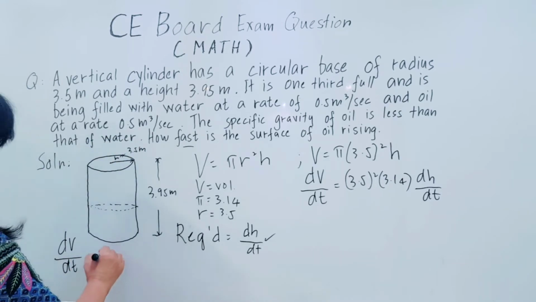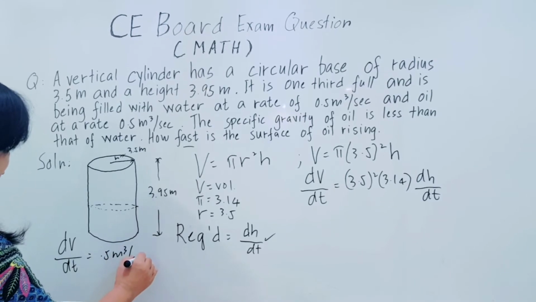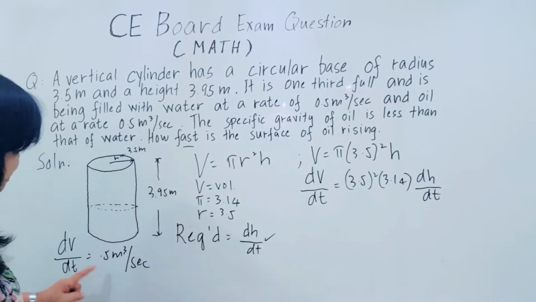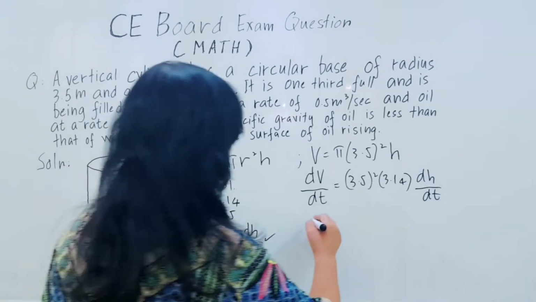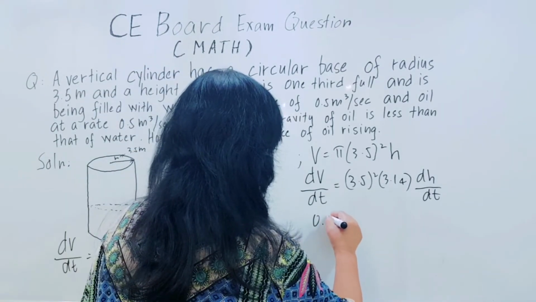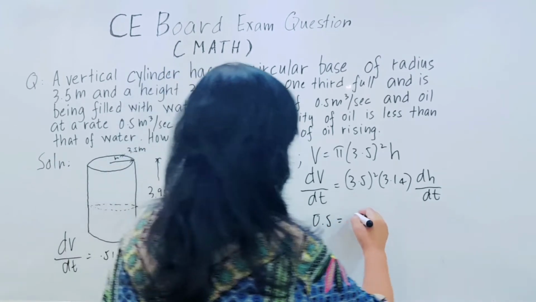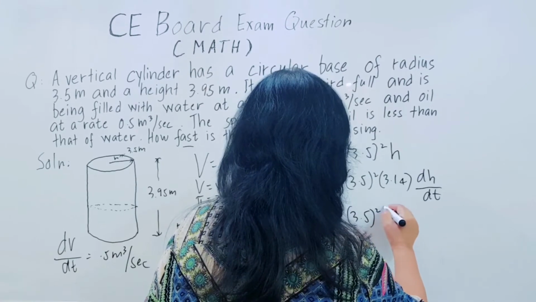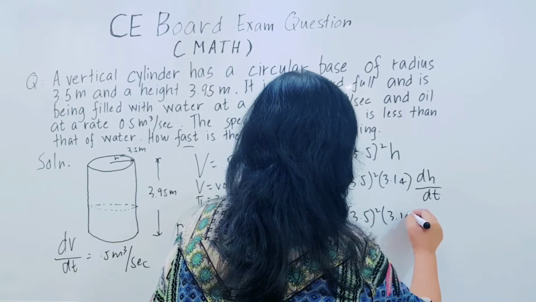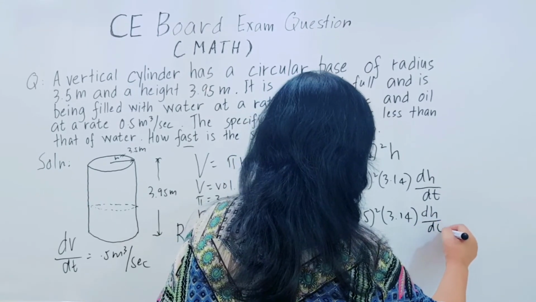So we can substitute it here. So 0.5 is equal to 3.5 squared times 3.14 times dH dt.